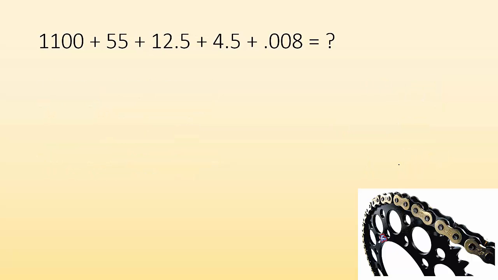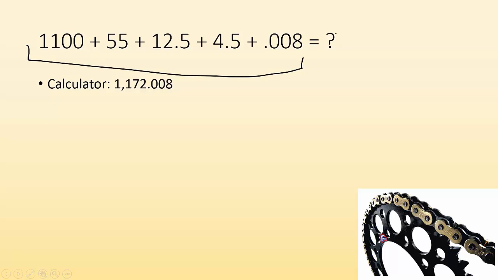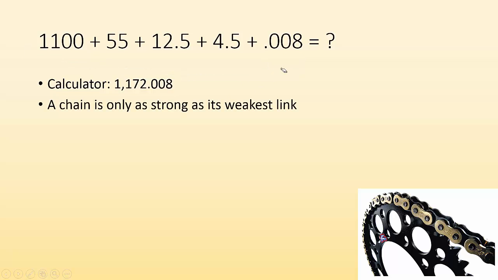So if we're taking a look at this, you can think of it kind of like links in a chain. So the calculator would have you believe that when you did all this math, the answer was 1,172.008. But a chain is only as strong as its weakest link. So if I'm taking a look here, this value is only precise to the hundredths place.